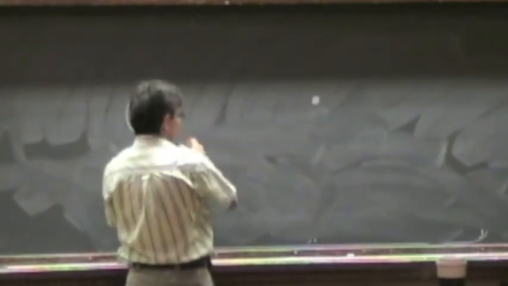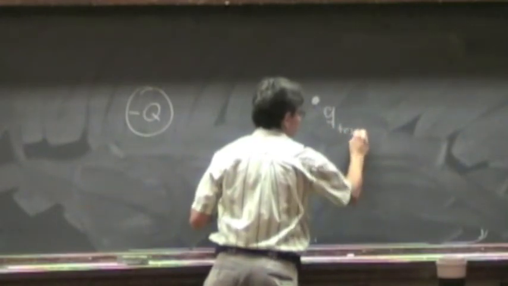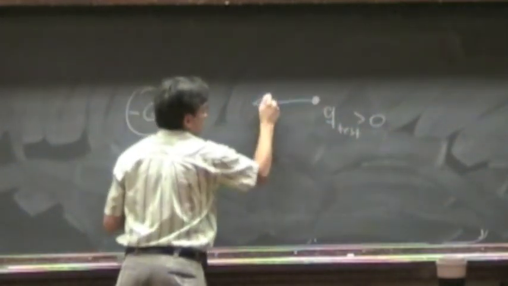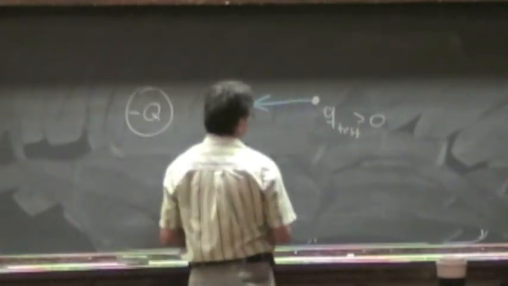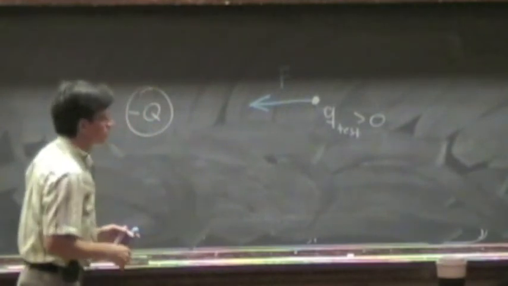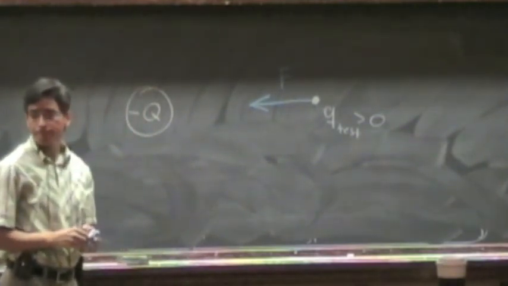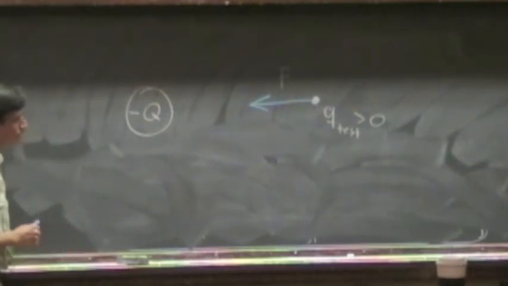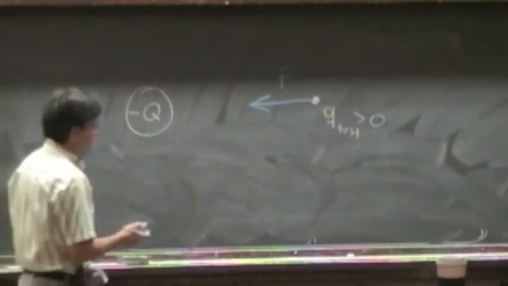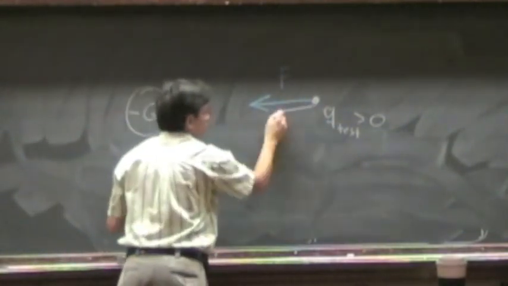The force is going to be, again, the test charge, as I said, is a positive number. So the force is going to be this way, attractive. And in what direction is the electric field? Same direction, right? Because the test charge is positive. So they have the same direction.